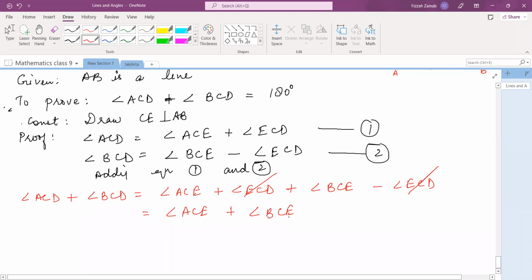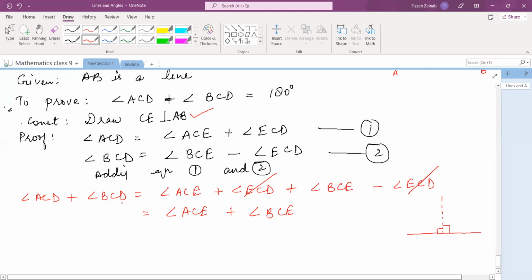Now you see your diagram, your figure. How much is angle ACE in the figure? Isn't it 90 degrees? Because I have constructed CE like that. See, I have written that CE is perpendicular to AB. That means this angle is also 90 and this angle is also 90, isn't it?